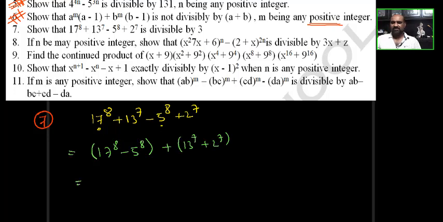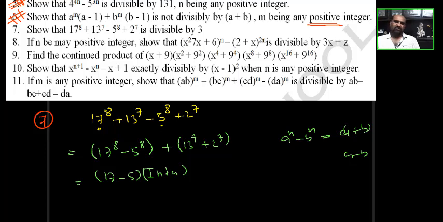Now listen, this is the form of a power n minus b power n, first bracket. N is even, obviously this is divisible by a plus b, or a minus b also, no problem, it is also divisible by a minus b if n is even. What I can say, this is 17 minus 5 into some integer I can write.